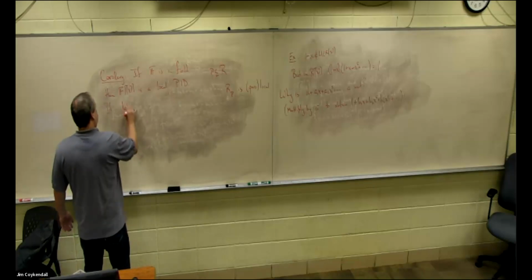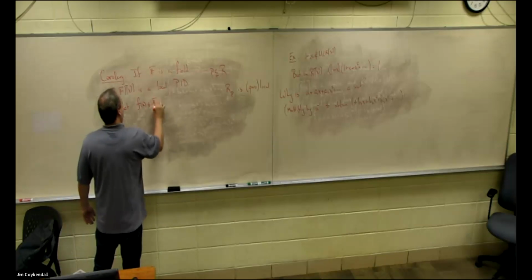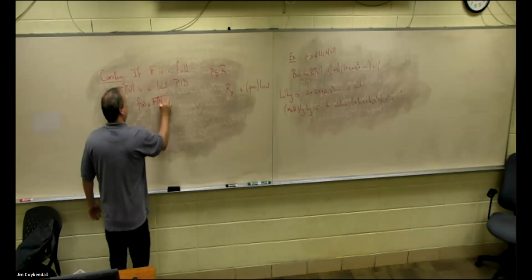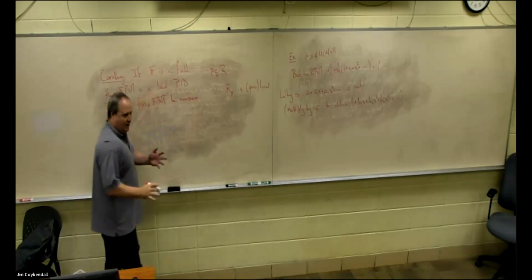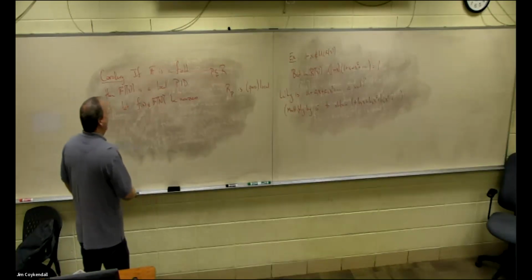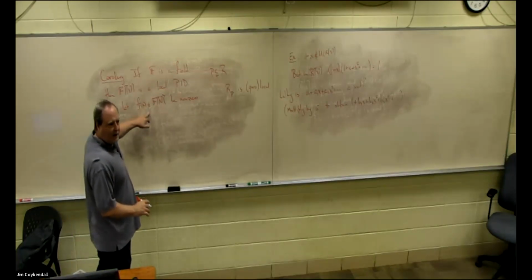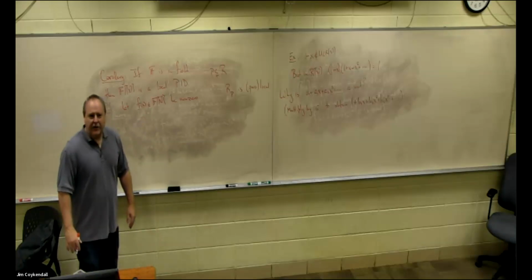Let f(x) in F[[x]] be non-zero. Right, I mean, the zero power series is silly, so I'm going to ignore that for a while. So what do I know about f(x)? Well, if it's not zero, it has to have a non-zero term in it.